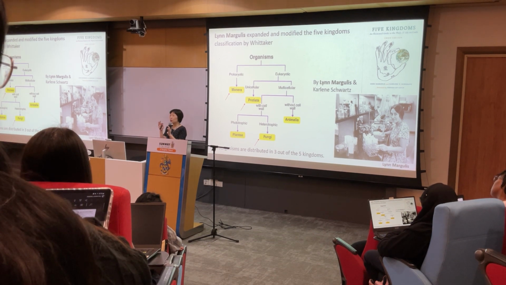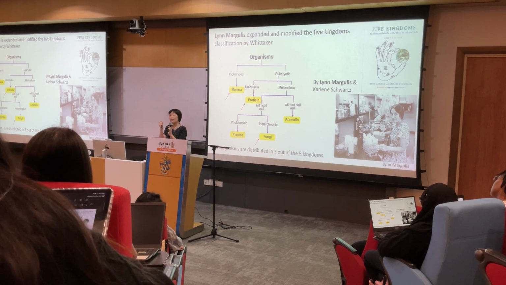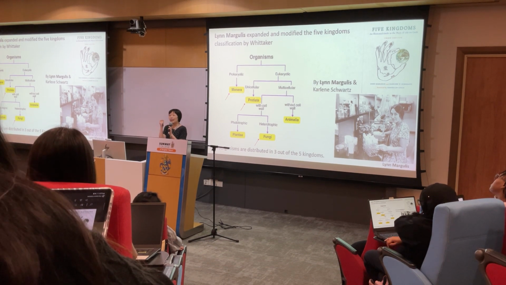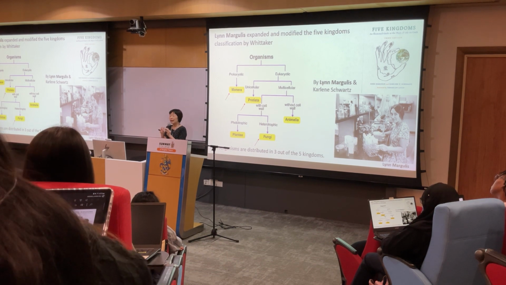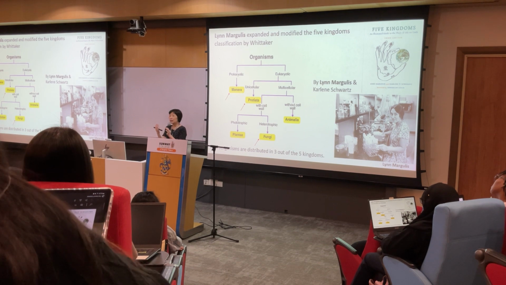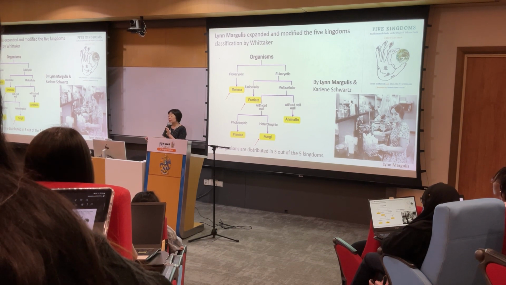Until now, of course, we have a lot of sequencing. We have the DNA data. We can sequence the genomes of all the organisms. We found the relationship. Mitochondria actually have a genome closely related to cyanobacteria, let's say. So this is now widely accepted, but at her time, unfortunately, no one accepted her theory.